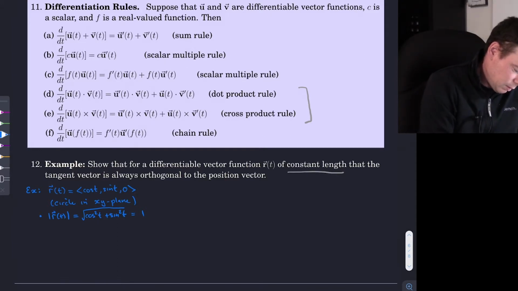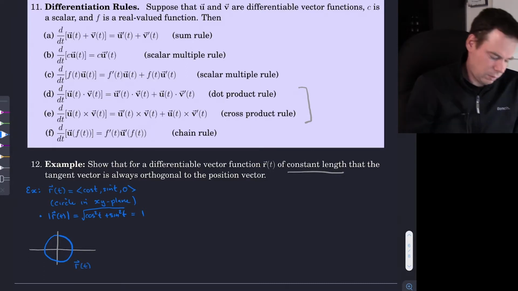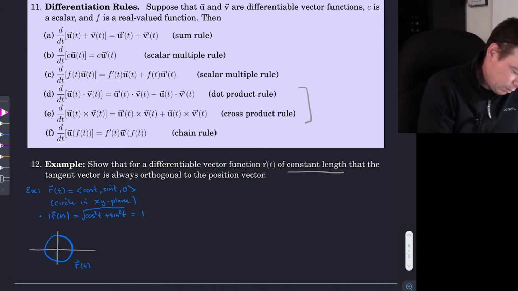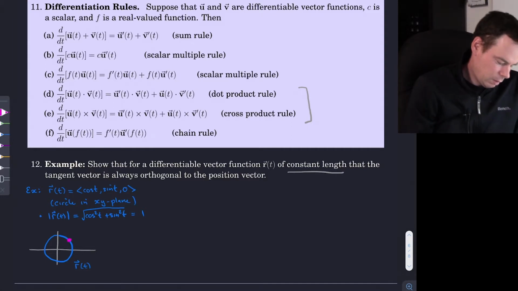Let's see if we believe that. So here's our curve that's given by that vector valued function. That's r of t. So these are the set of all points whose position vectors are given by r of t for various values of t. Let's pick an arbitrary point on there for some t value.